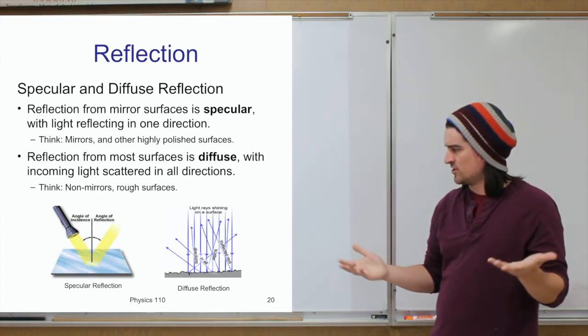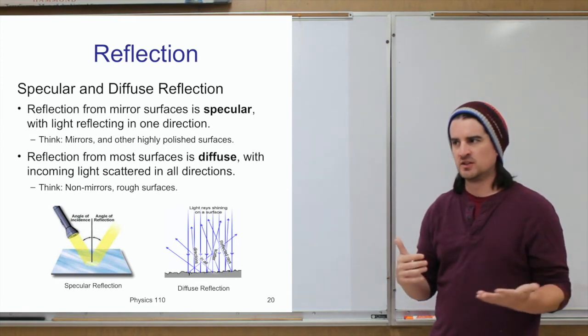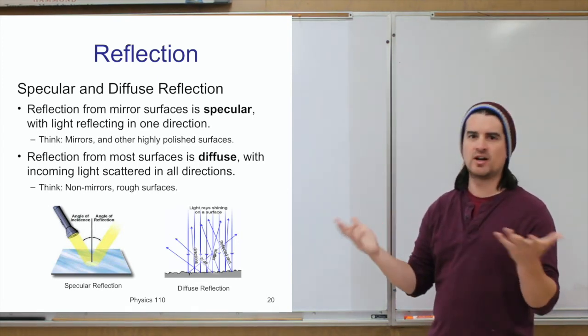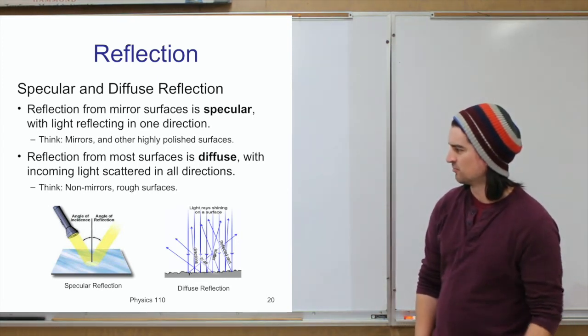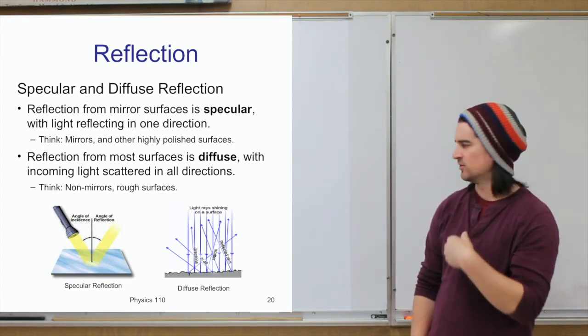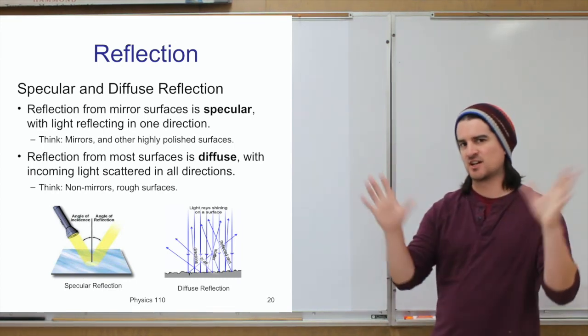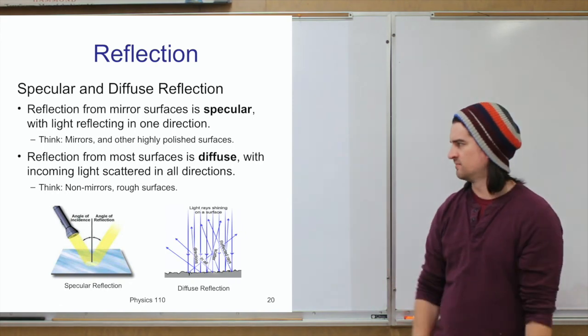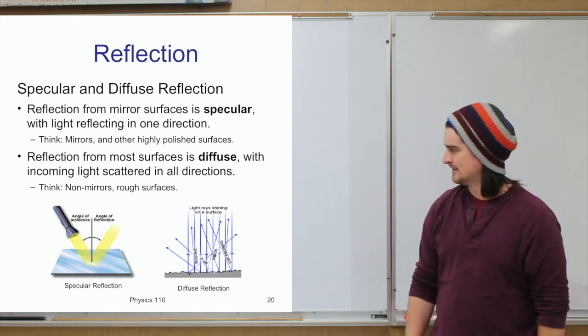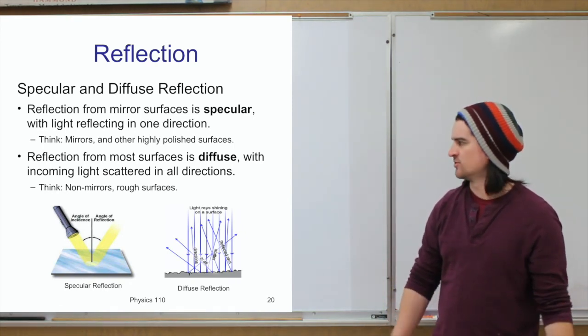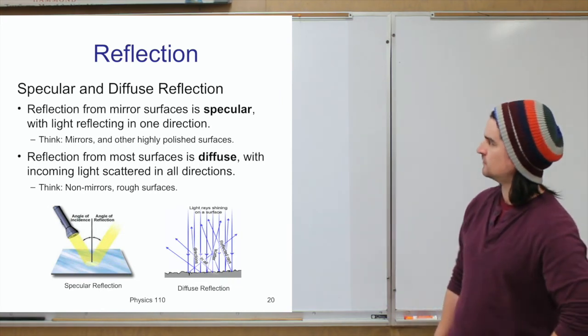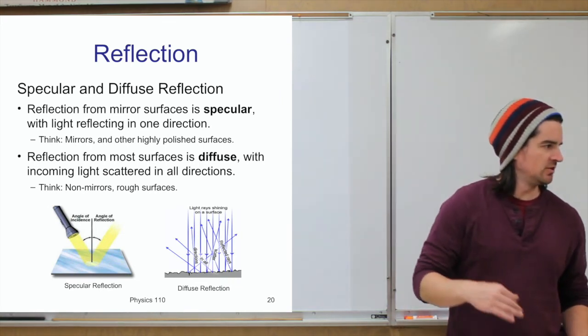A mirror reflects light back at the same angle. This stuff just spreads the light out and it becomes very diffuse. That's why you call it diffuse reflection. So these are non-mirrors, rough surfaces, that sort of thing.